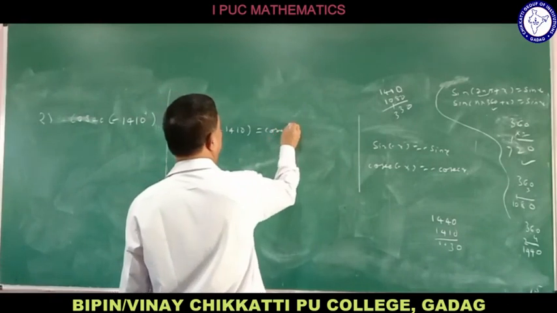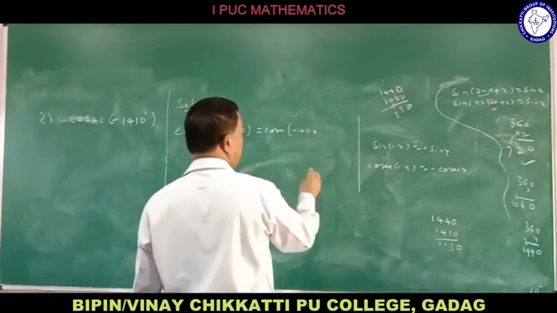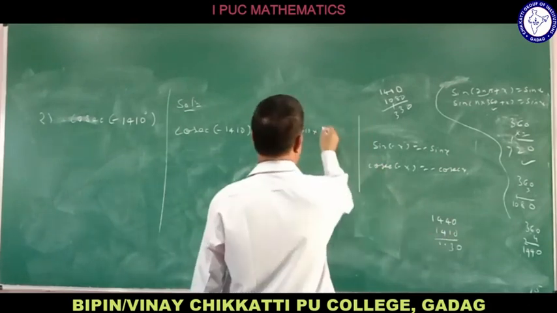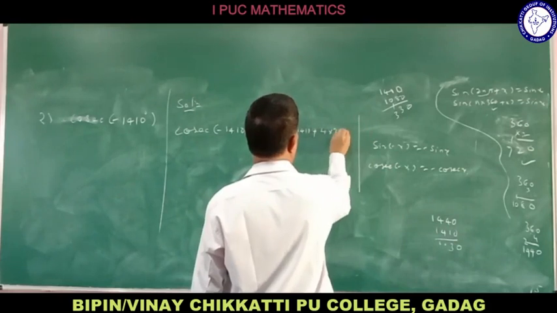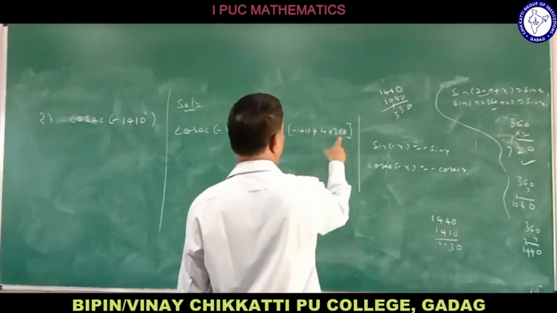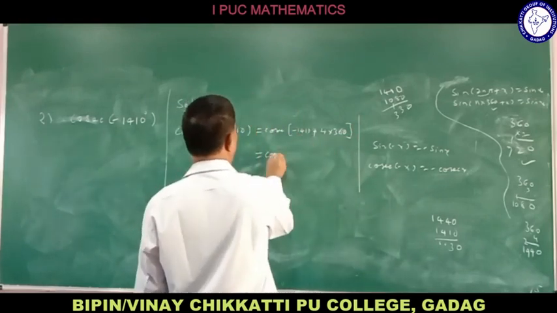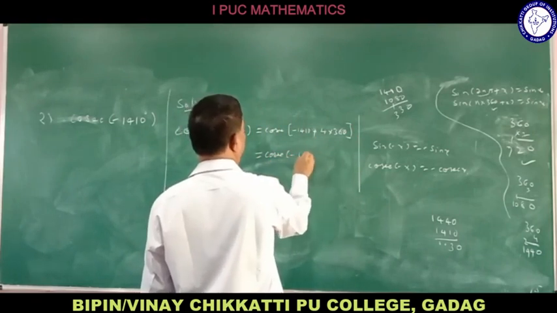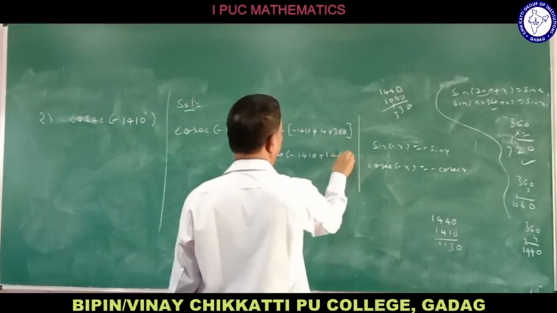So for 1410, the nearest adding is 4 into 360. This is cosec of minus 1410, and 4 into 360 means 1440.